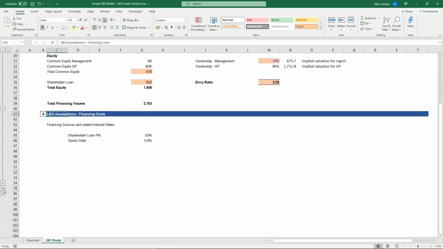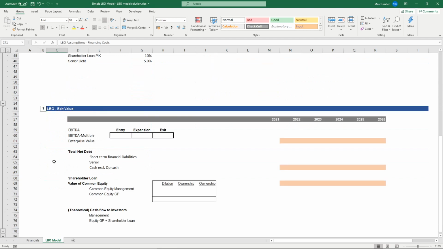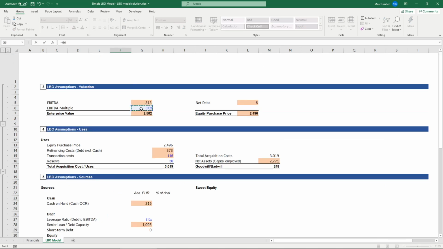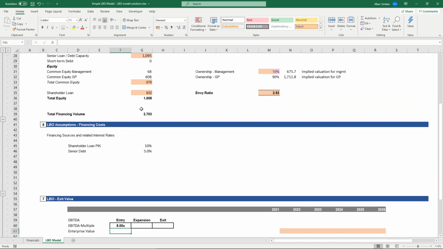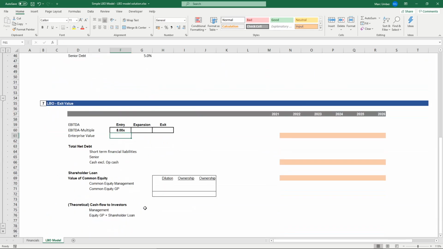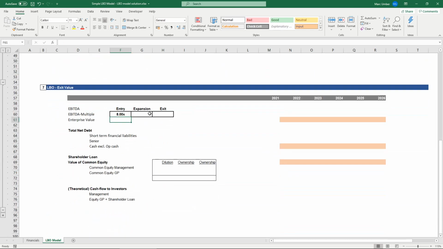Now let's move on to the next section and unhide the LBO exit value. Now we can assemble some of the pieces. We know that our entry EBITDA multiple was 8.0, and let's assume for starters that there is no multiple expansion.